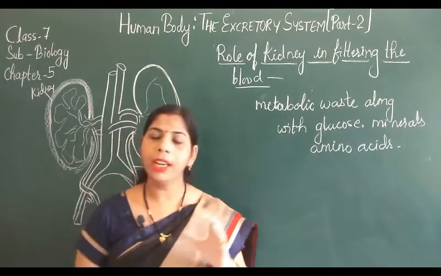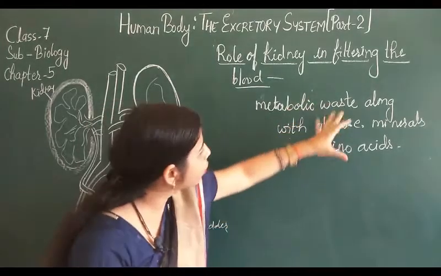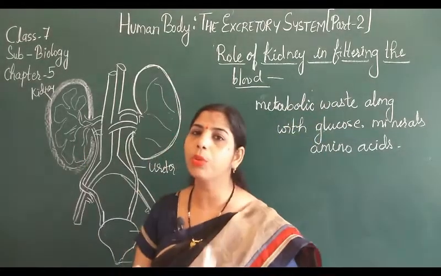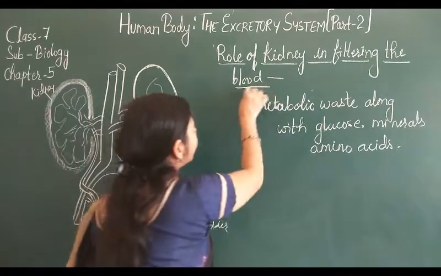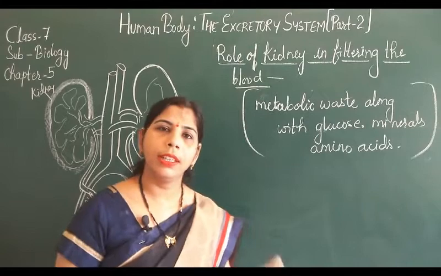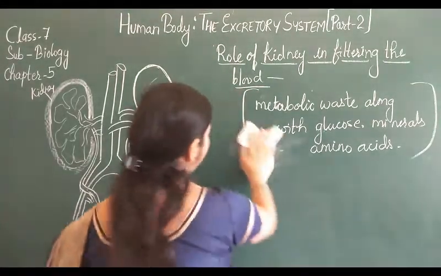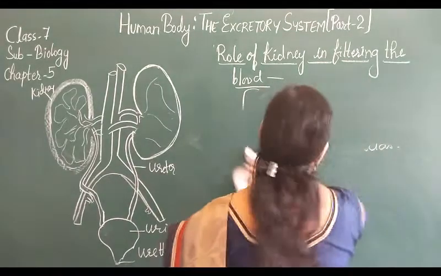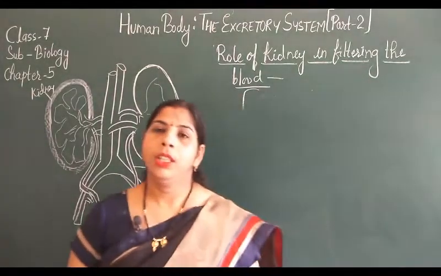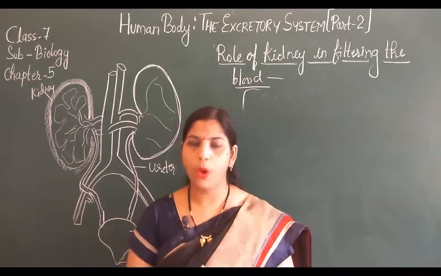Now what happens? All these useful substances are filtered through the nephron. That means waste as well as the useful substances are filtered through the nephrons. Now what happened, the useful substances are then reabsorbed from the filtrate.